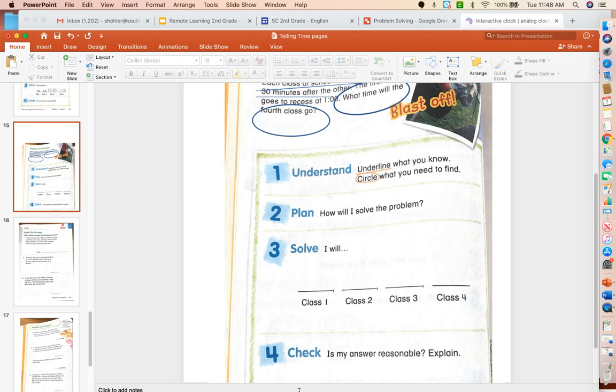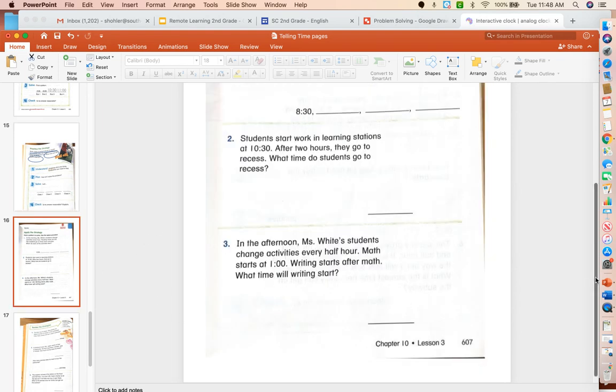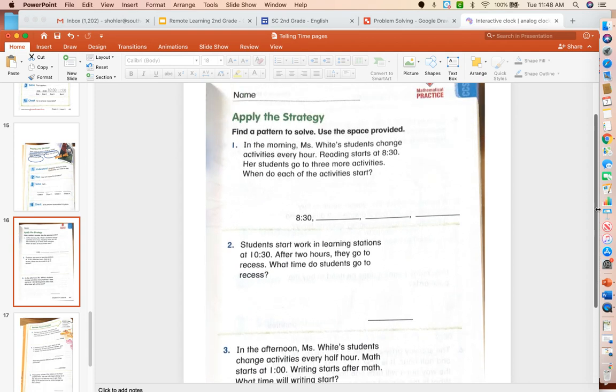Number 4 says, is my answer reasonable? Do you think that's reasonable? Yes or no? I say yes because all of the hours and the minutes are all a half an hour after each other. All right, let's go to page 607.